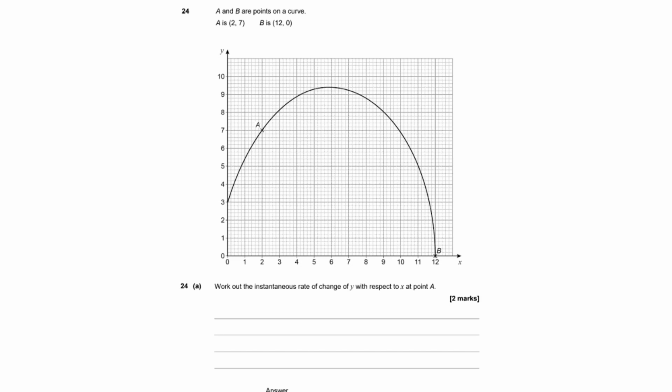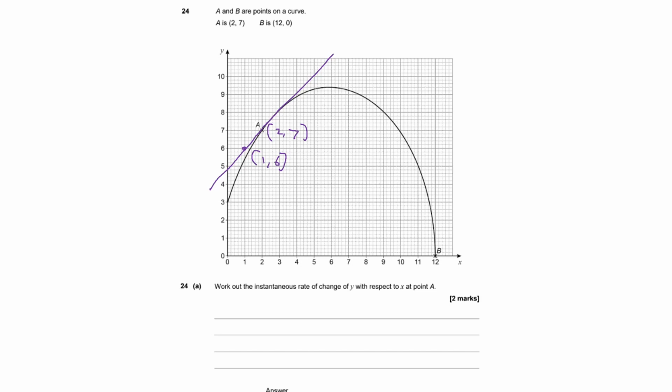That would be something like that. Okay. And we can see what the 2 points are. We know that A is 2, 7. And that point there is 1, 6.